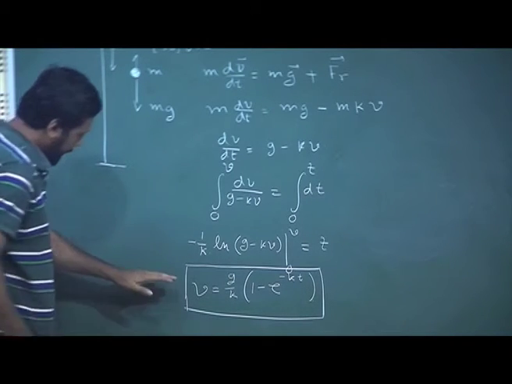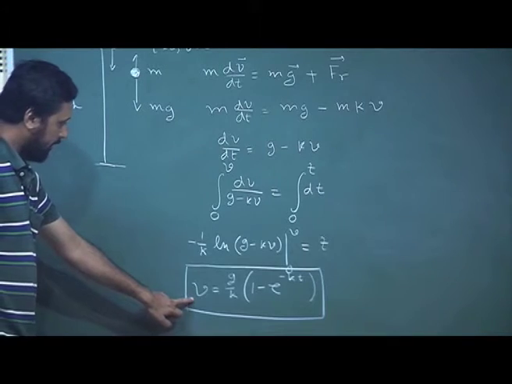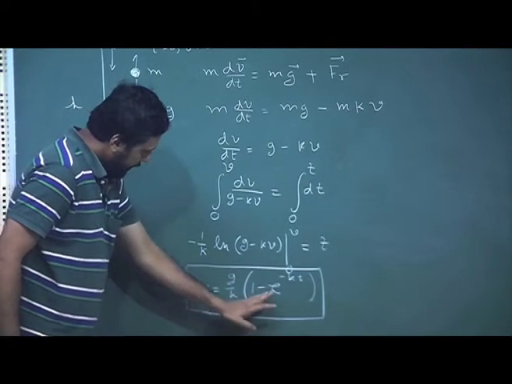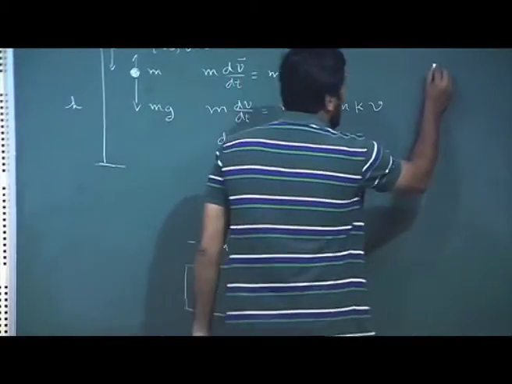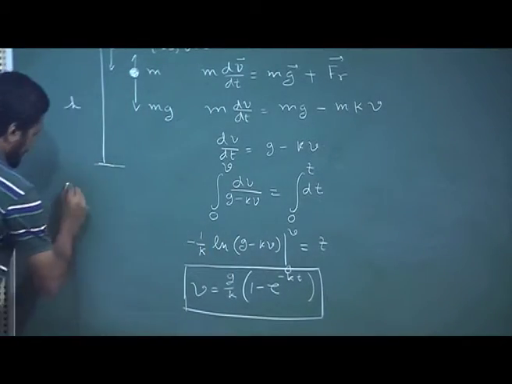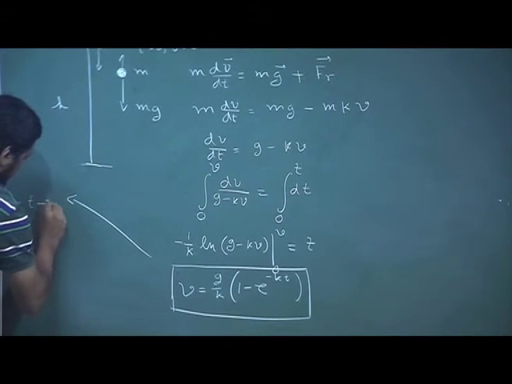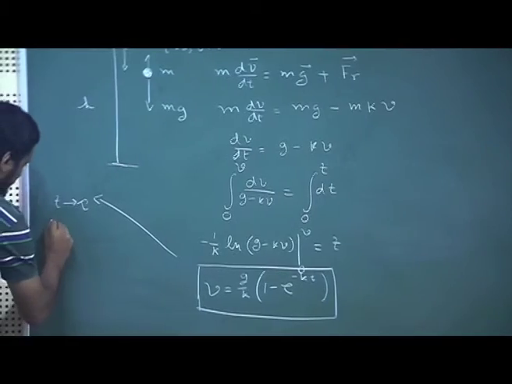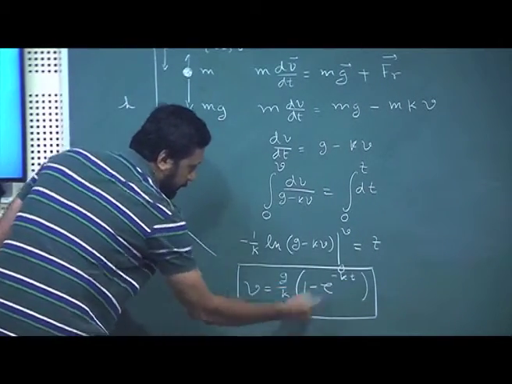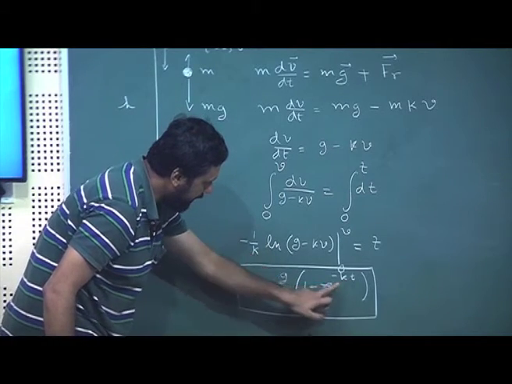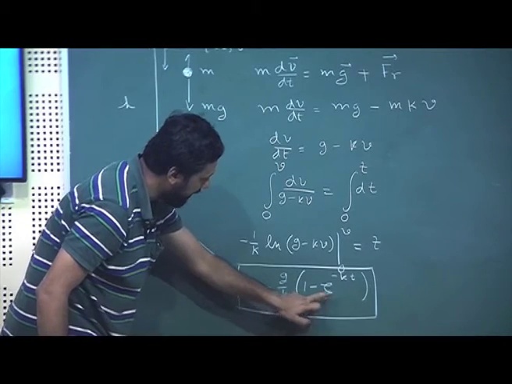Now, if we study this expression, what do we see? If we set a large time, if t goes to infinity, then v goes to, if we put a very large number for t, this term drops very fast, and essentially after some time it becomes 0.